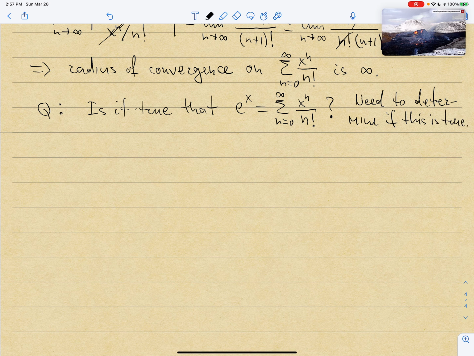All right, so before we discuss how we can do that, let's actually look at a specific case corresponding to this example. So for this particular function, let's observe a couple of things.